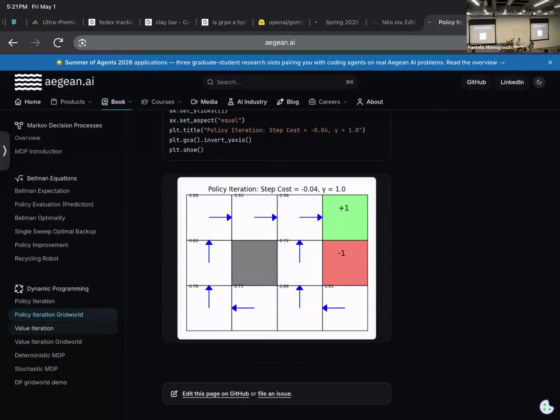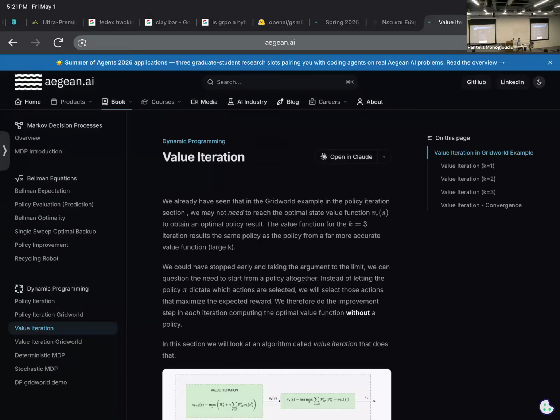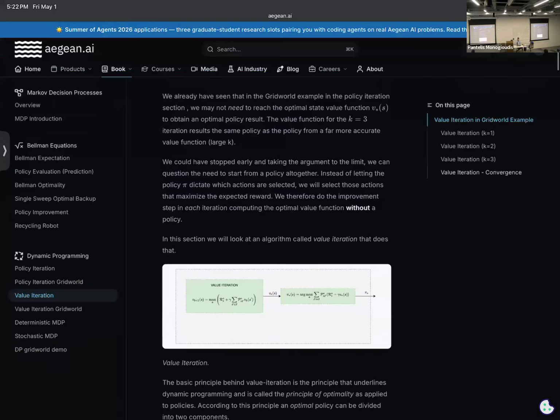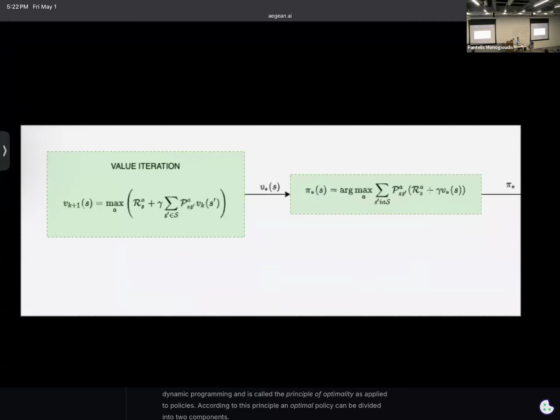Value iteration was entirely based on the observation we did earlier. The observation was that if the policy is there early, without really waiting for the policy evaluation to happen, can I just take any value function and do the greedy part? So I can start with one sweep, get a value function, take the greedy approach.